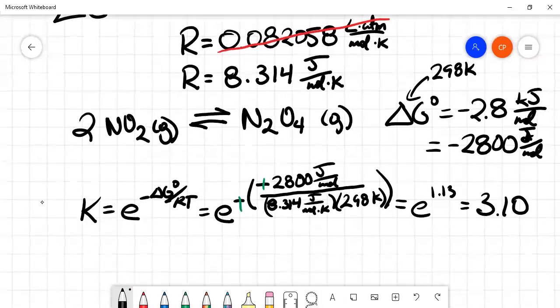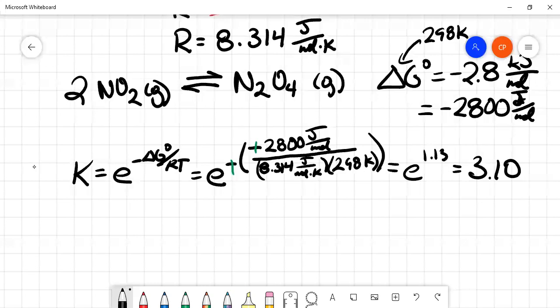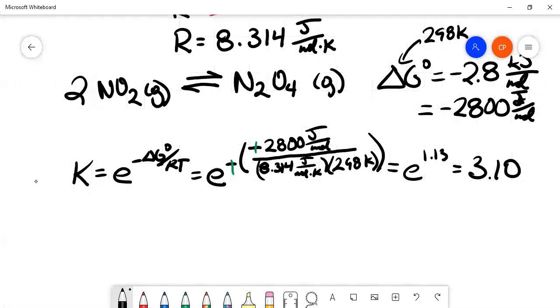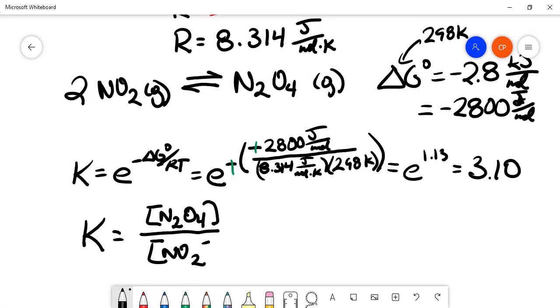What in the world does that mean? Well, I know how to write an equilibrium expression for this reaction. And that equilibrium expression, because of that calculation, is going to turn out to be equal to 3.10.